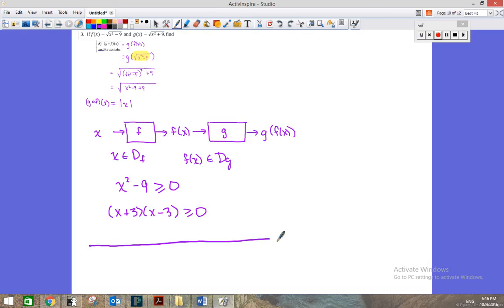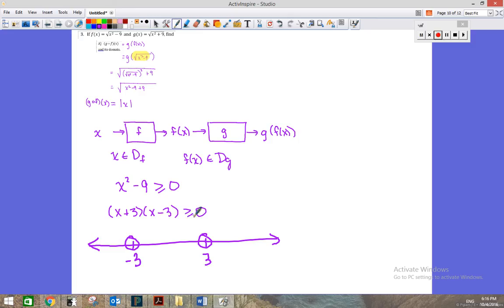My number line, I'm going to break it up into regions. My first division, my boundary: -3 plus 3 gives me a 0, and 0 is greater than or equal to 0. So my first decision about finding the domain of f is to decide whether to include or exclude -3 and +3.